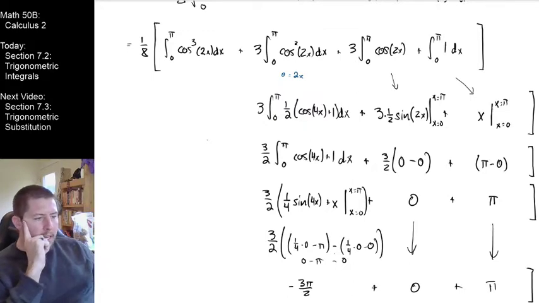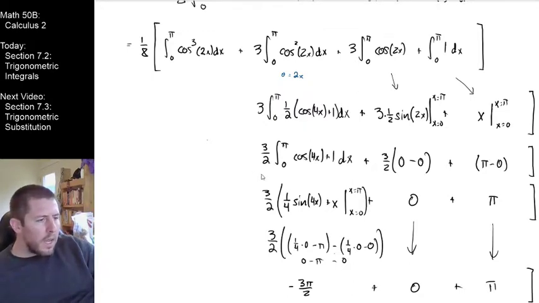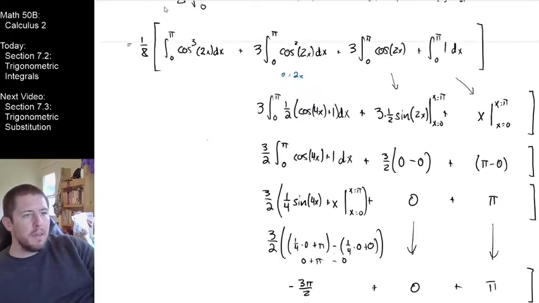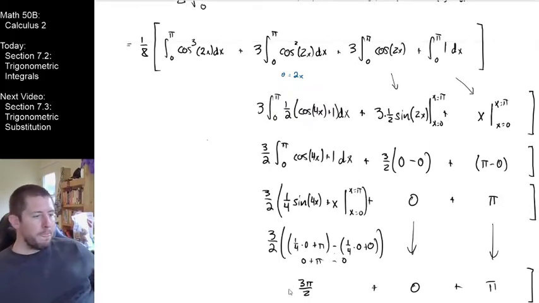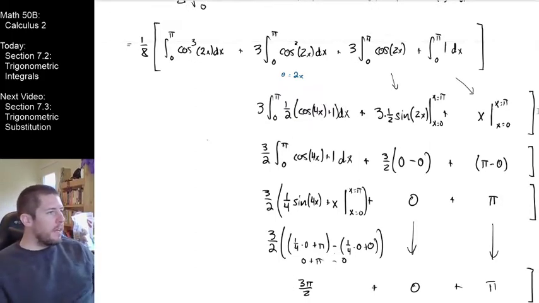Oh, I see. Okay, I made one tiny mistake right here. I'm also seeing this is a sum of sine of 4x plus x. That should be a plus, and that should be a plus. So this is actually a positive pi, and I'm actually getting a positive 3 pi halves. Cool. Okay. Fix that.